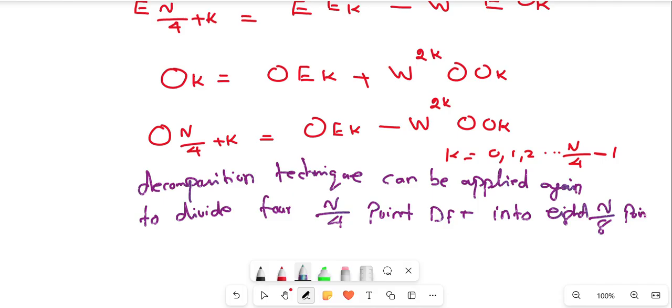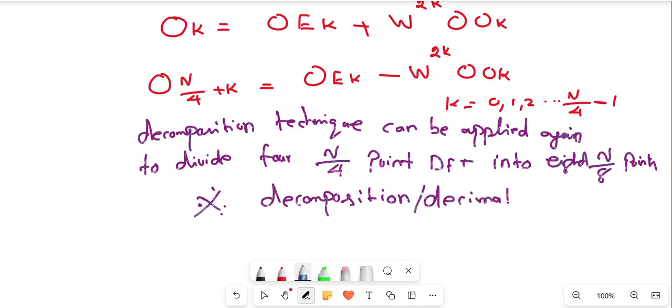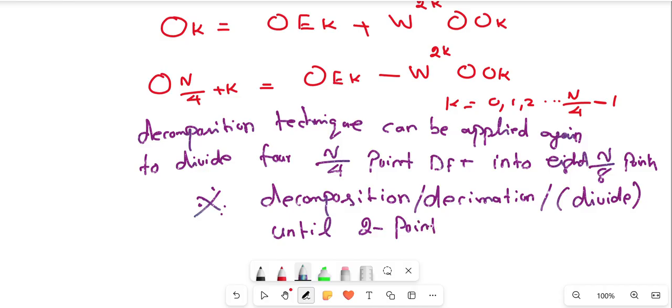So this will continue. Normally you have to continue the decomposition or decimation until 2-point DFTs are obtained.